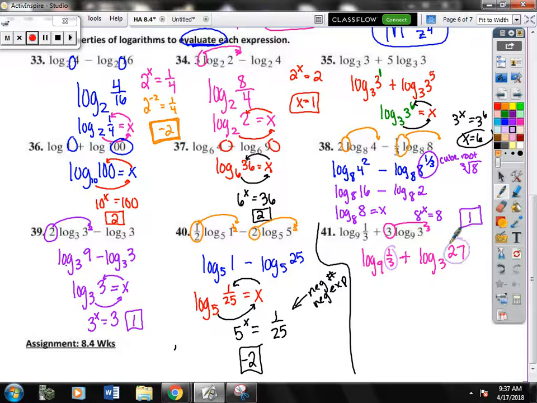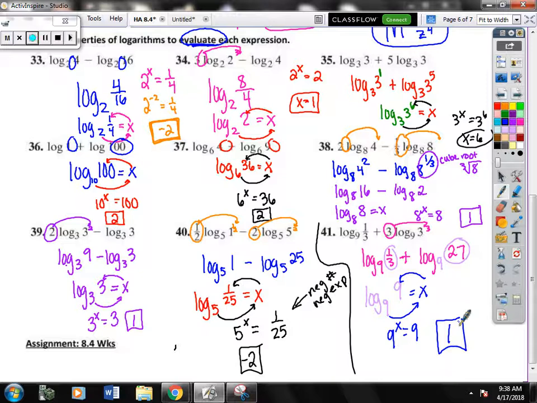So 1/3 times 27 is 9. Oops, I have a little typo here. It should be log base 9. So we can multiply this together to get log base 9 of 9. And we'll evaluate that, setting it equal to x. We will get 1.